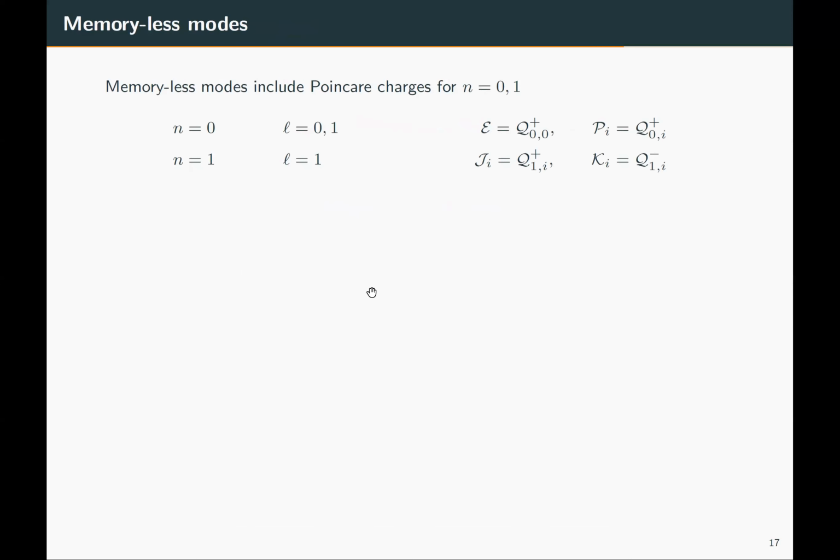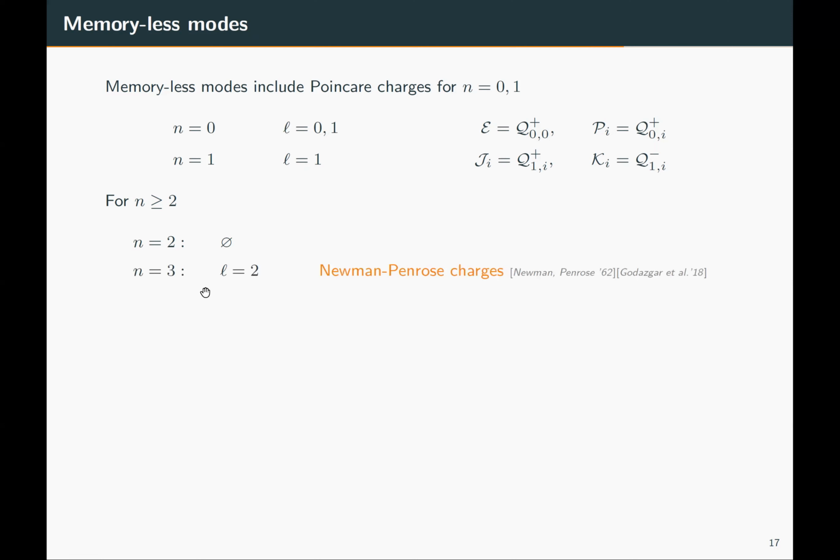Okay, so now let me talk about these special modes. I call them memoryless modes. In particular, for n equals 0 and 1, they include the Poincare charges. So the Poincare charges have no memory. But this is not all. For n equal 2, there is no such mode.